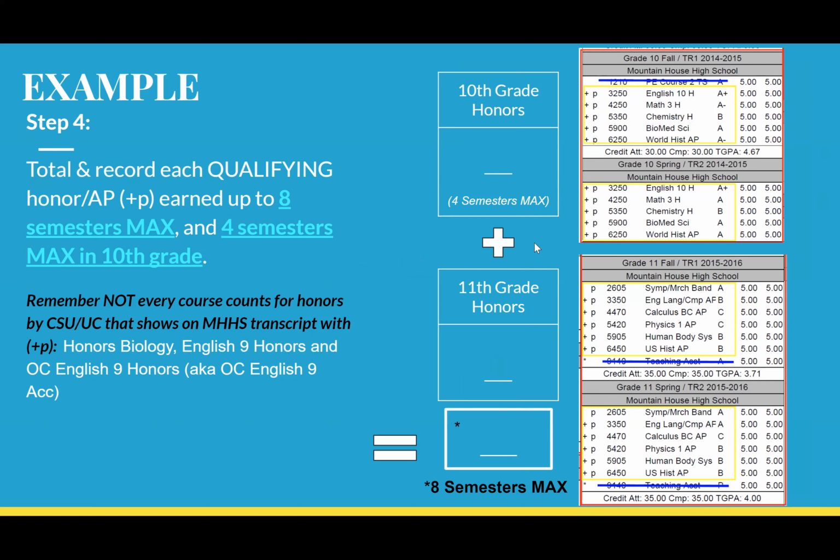It doesn't come from the specific class. So whether you get an extra point for this B or for this A, it's just an extra point. So we don't need it to be specific for the class. I hope that makes sense.